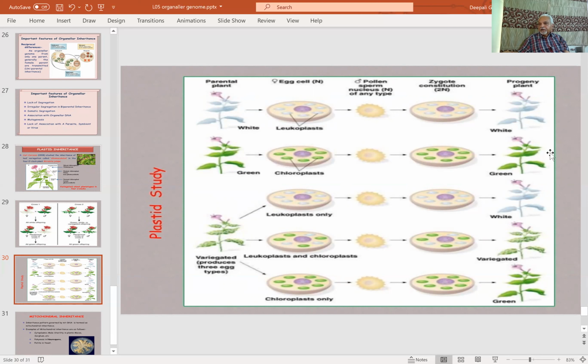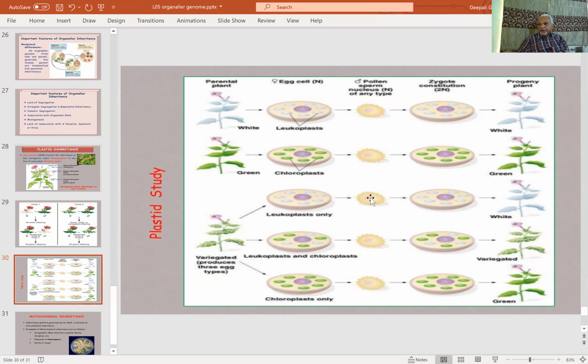Now, when you take the variegated leaf plant as the female partner, you have eggs which are of three types. You have eggs which have leucoplasts, eggs which have only chloroplasts, and then a combination where both leucoplast and chloroplast are present.